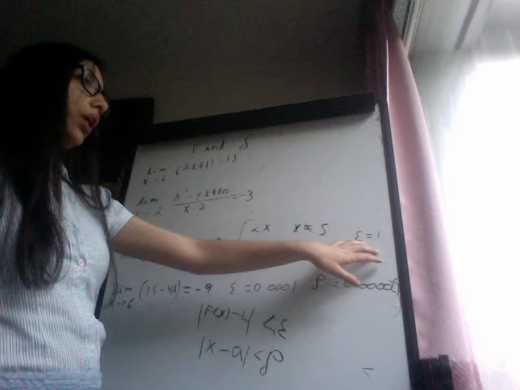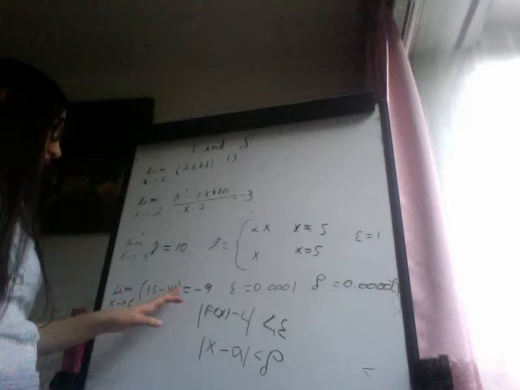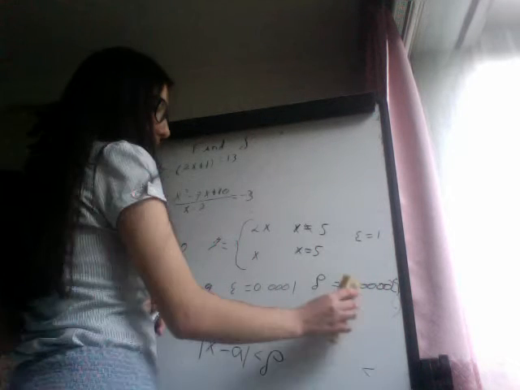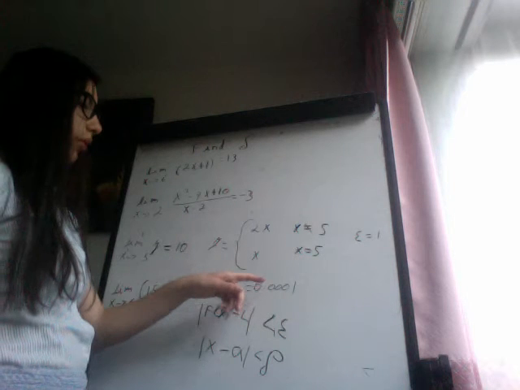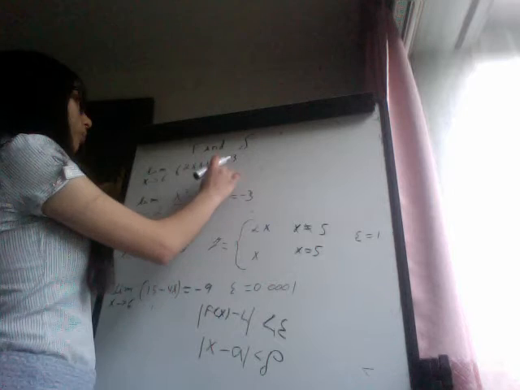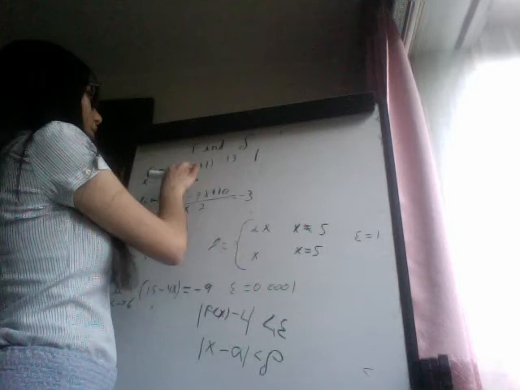Our epsilon will be 1. And the limit as x approaches 6 of 15 minus 4x equals negative 9, when epsilon, sorry, I forgot to erase it, when epsilon is 0.001.